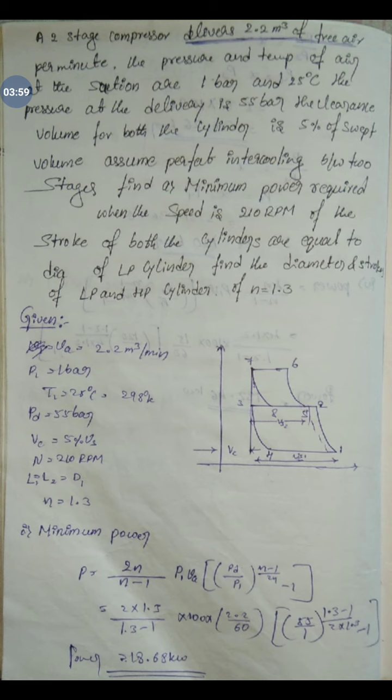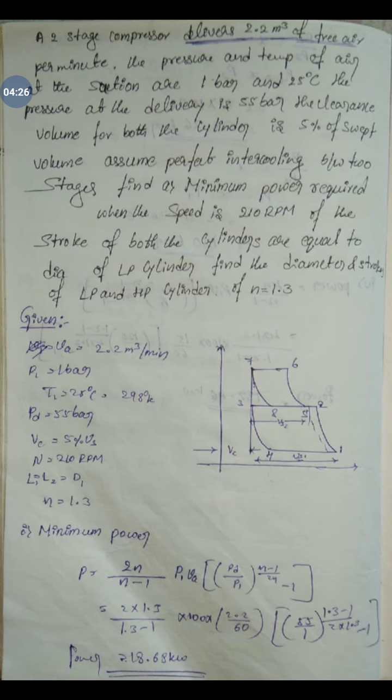In the bracket, it is delivery pressure by suction pressure to the power of n minus 1 by 2n, minus 1. The n value is given, and the actual volume of air taken is 2.2 meter cube per minute, so divide by 60 to convert into meter cube per second. If you solve it, you get the minimum power required as 18.68 kilowatts.